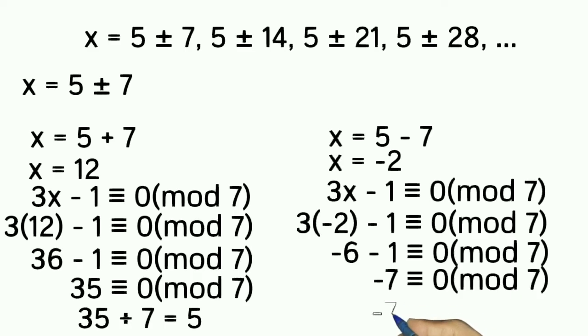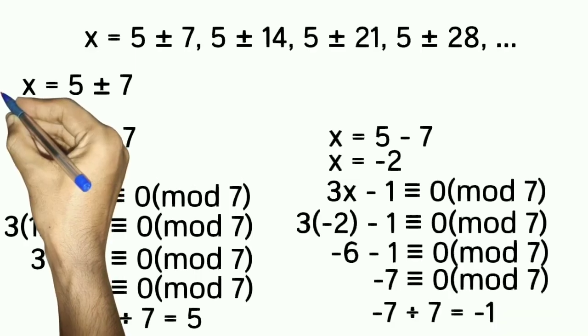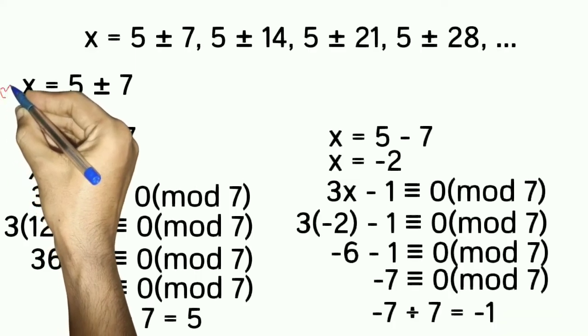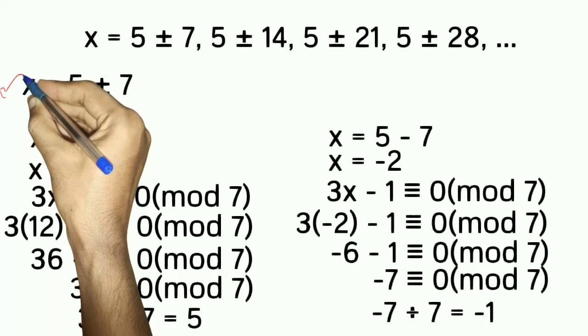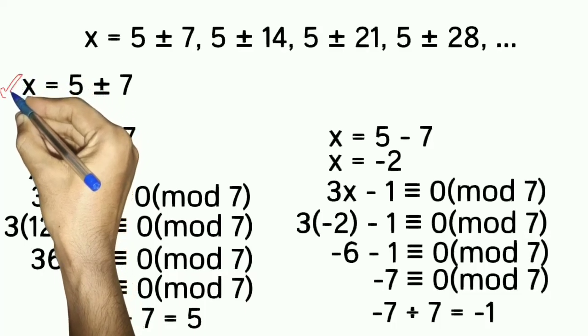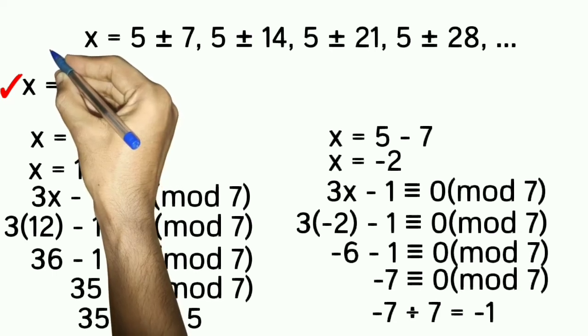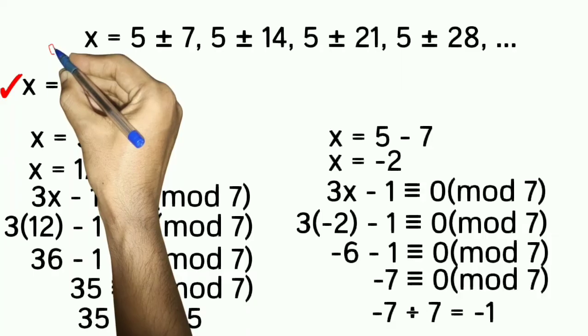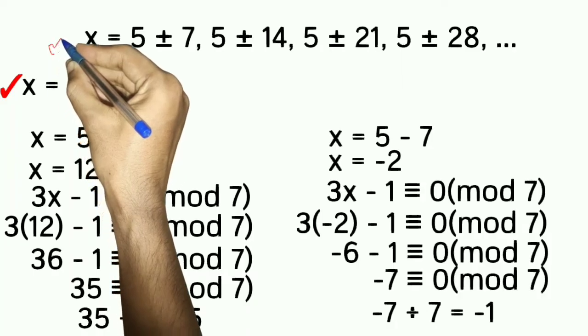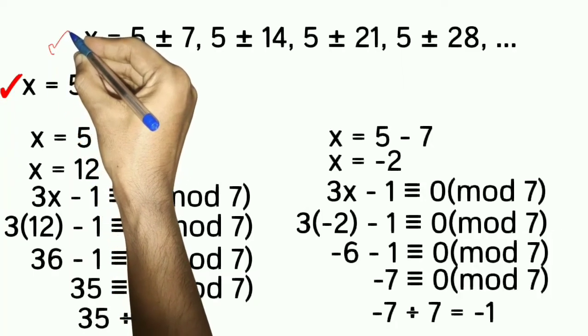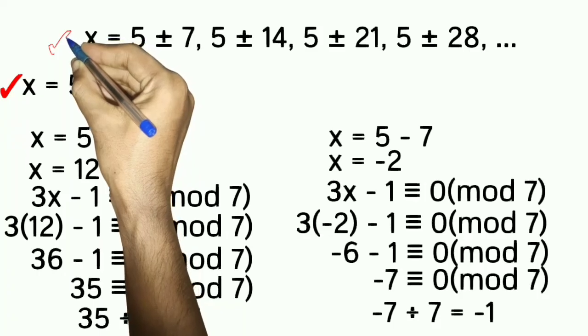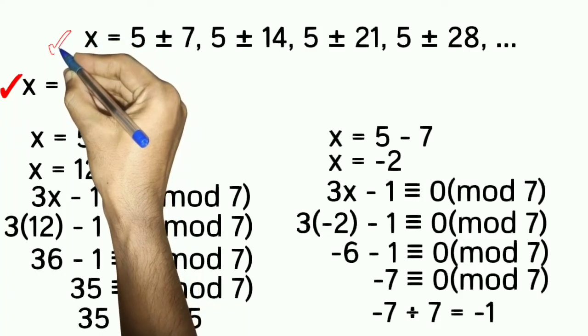Negative 7 divided by 7 is equal to negative 1. So negative 7 is still divisible by 7. Therefore, 5 minus 7 is a solution to the problem. Same process ang gagawin nyo sa 5 plus or minus 14, 5 plus or minus 21, 5 plus or minus 28, and so on.